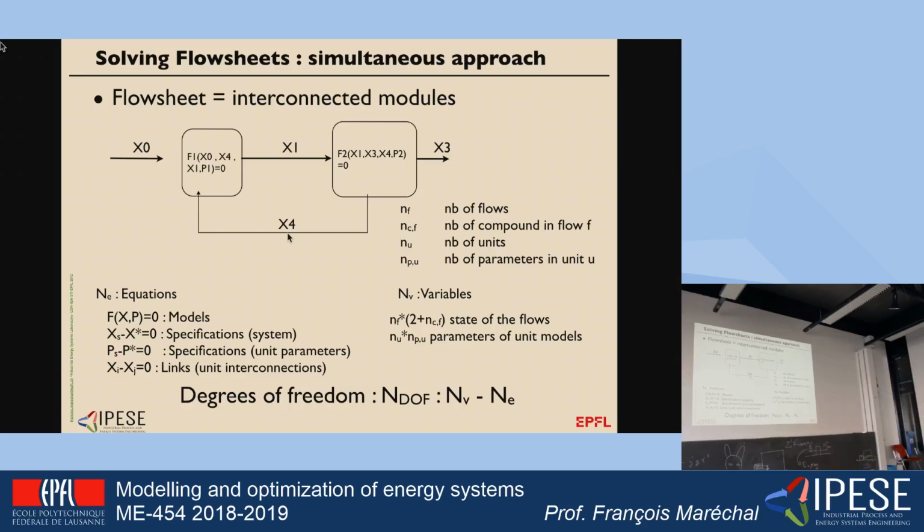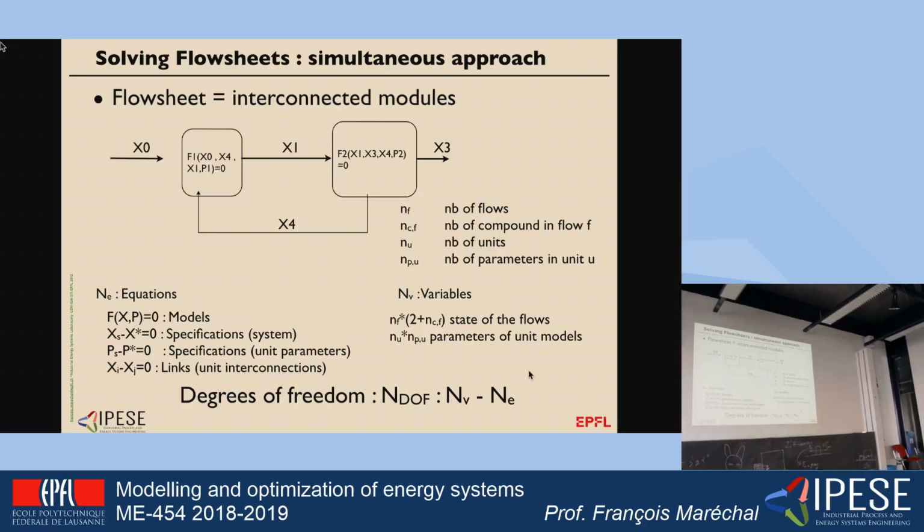Making the list of all the equations and all the variables, I will calculate the number of degrees of freedom for the whole system now. I'm looking now at the whole system and the unit interconnections.